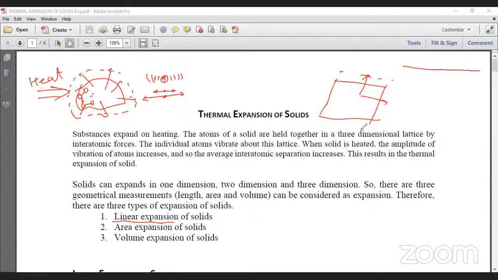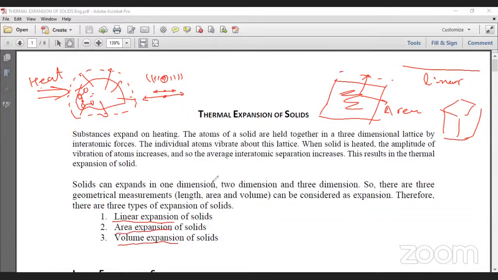That's why we consider linear expansion for this kind of object. For sheet-like objects, the area is considerable, so we consider area expansion. For a three-dimensional object like a cube or a sphere, we consider volume expansion, right?